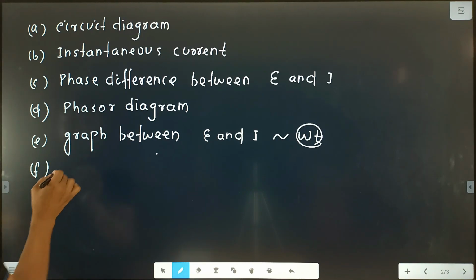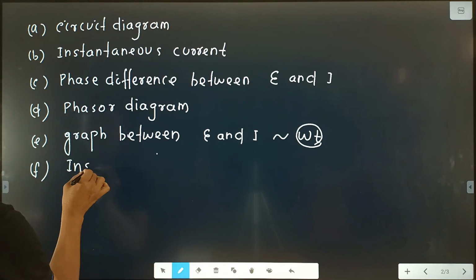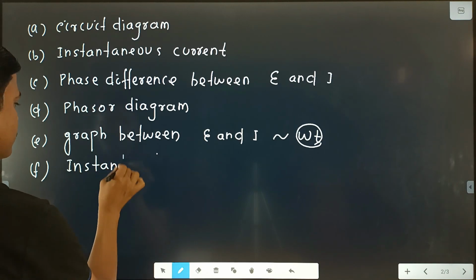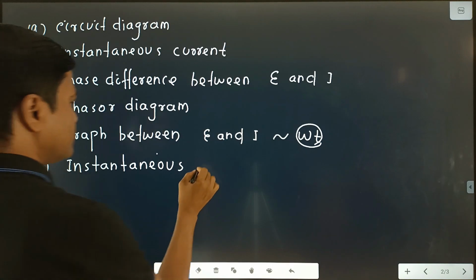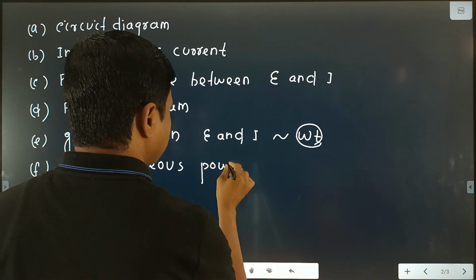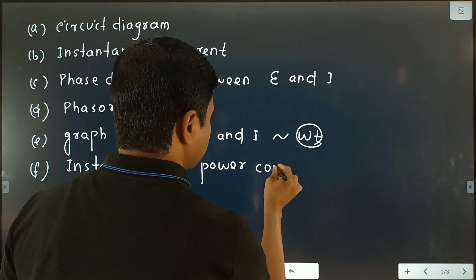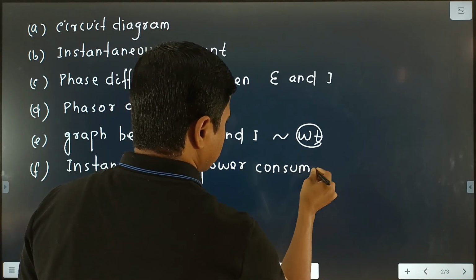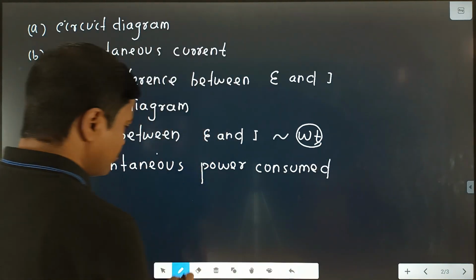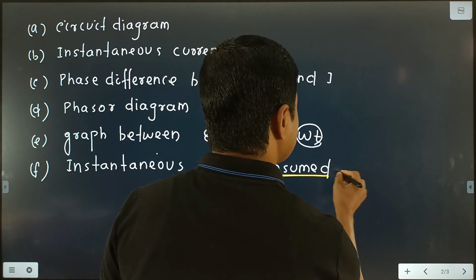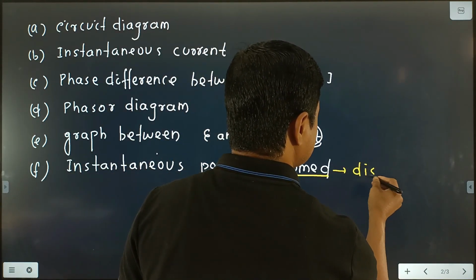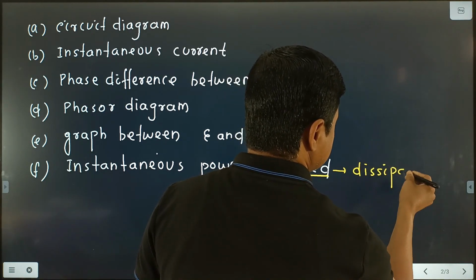Next we calculate the instantaneous power consumed. Or that is also known as instantaneous power dissipated.